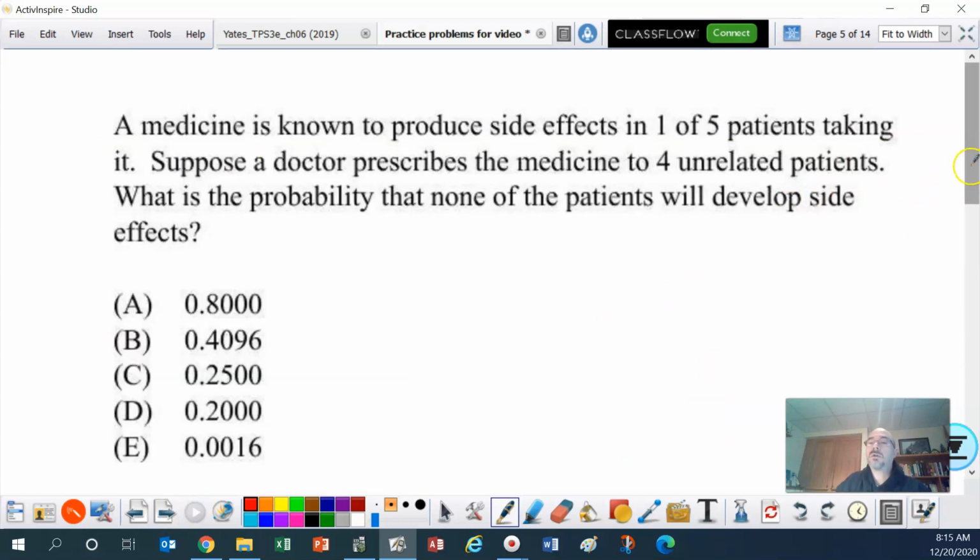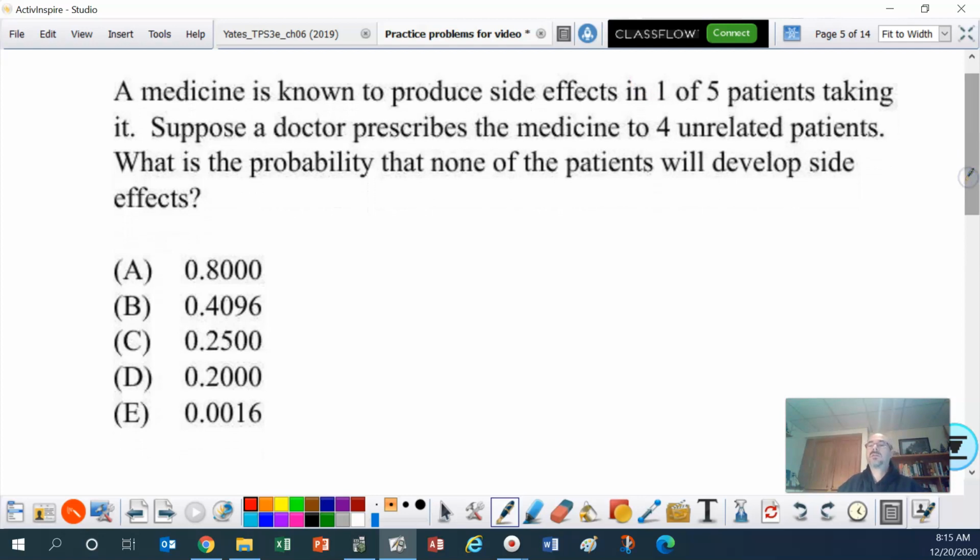A medicine is known to produce side effects in 1 of 5 patients taking it. Suppose a doctor prescribes the medicine to 4 unrelated patients. What is the probability that none of the patients will develop side effects? Okay, well, the probability that 1 in 5 will develop side effects.